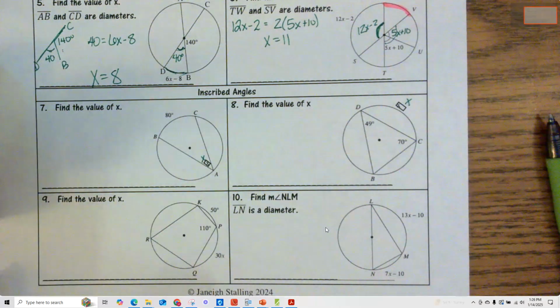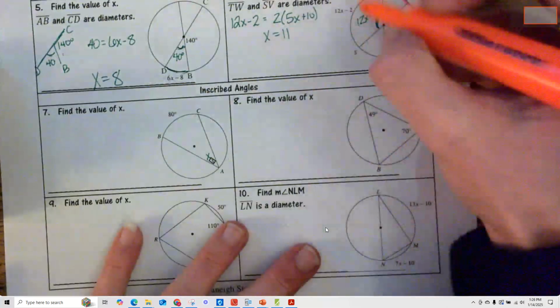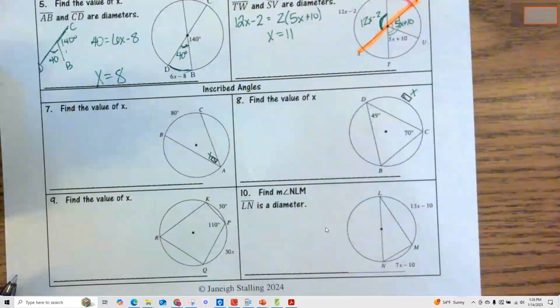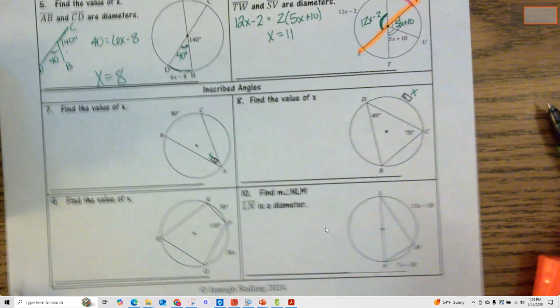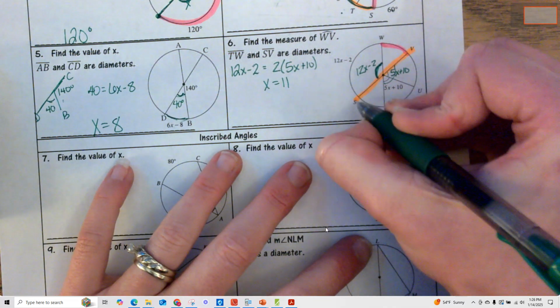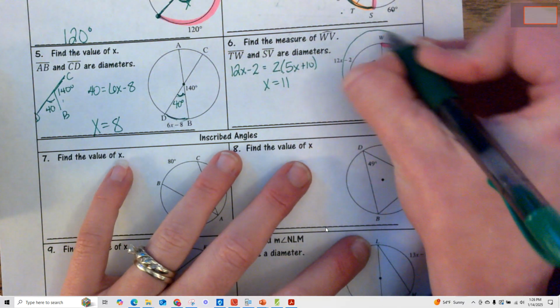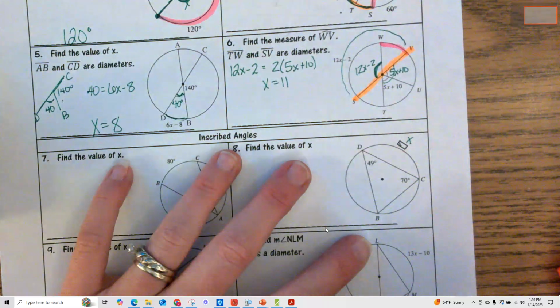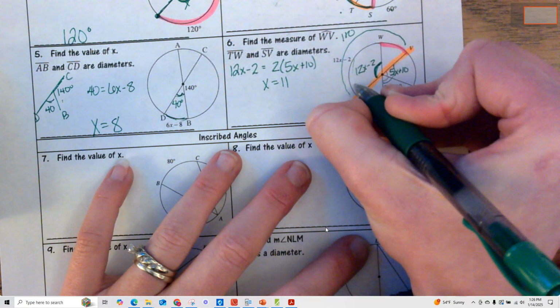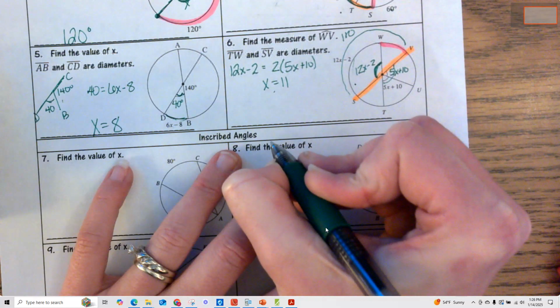It has to do with these diameters that they gave us. Remember what I told you? The diameter divides it in half, right? So what is all the way around from S to V? What is that going to measure? It's going to measure 180. I know this piece because I know what x is.